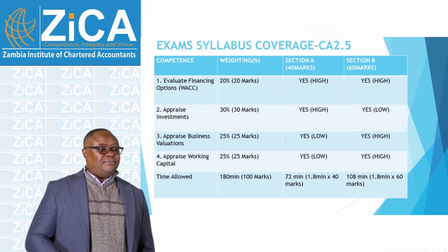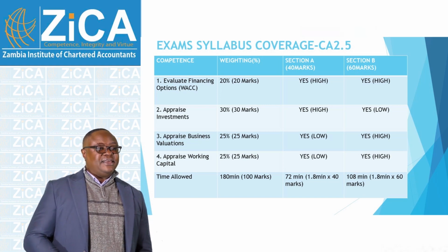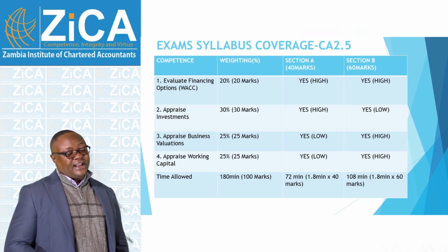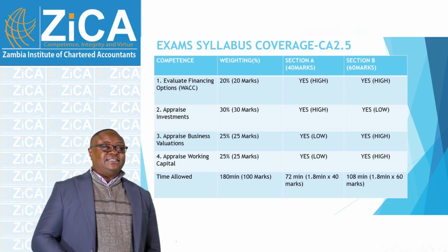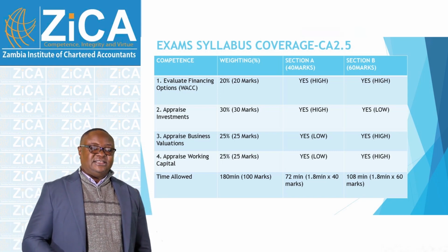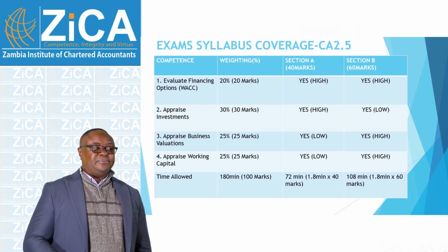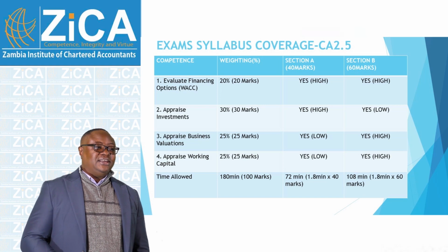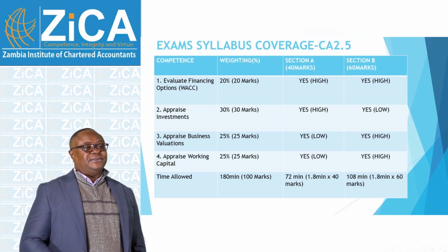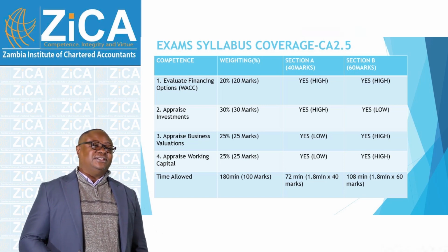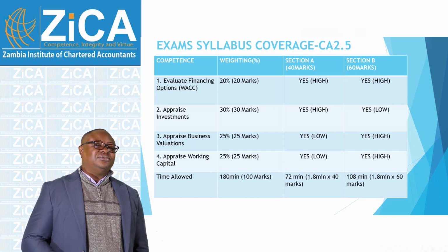For competence number 4, appraise working capital, it's again 25 marks. The chances of it coming under section A are quite low, but the chances of it coming under section B are quite high. So you can see that's the distribution. So if you are a person who is just focusing on competence number 2, you are not going to pass, because you can't pass with the 30 marks.